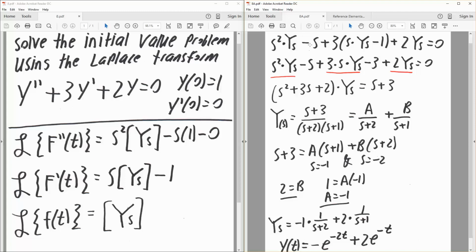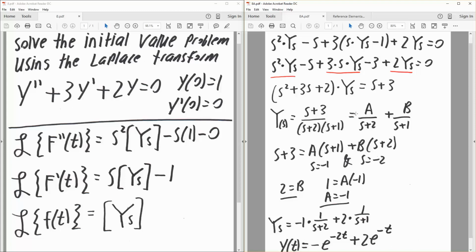Then we have minus s minus 3, and we shift it to the right, so we get positive s plus 3. Next we want Y(s) separate, so s plus 3 divided by this, which is equivalent to s plus 2 times s plus 1. Simply factor it out.